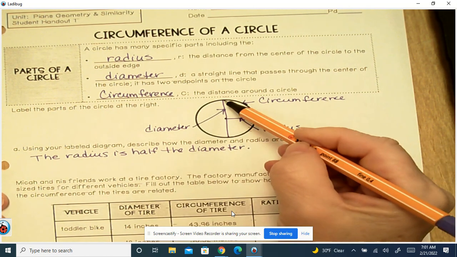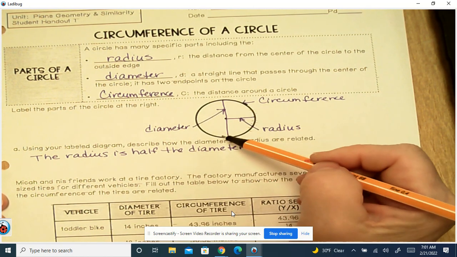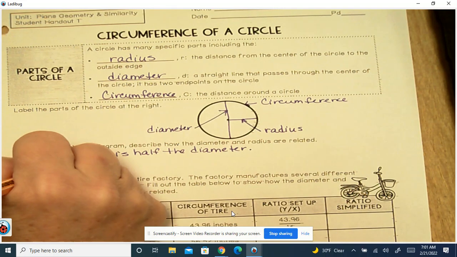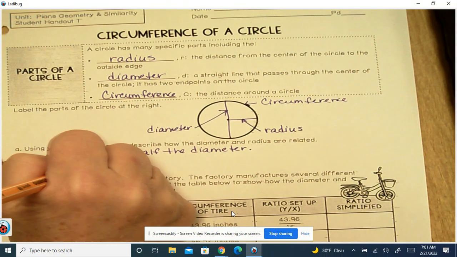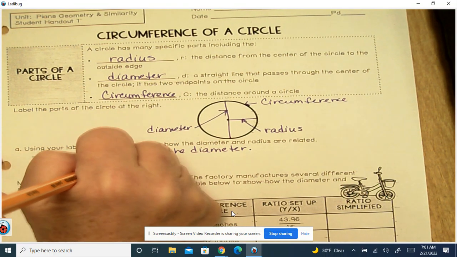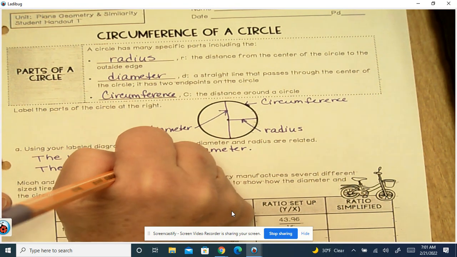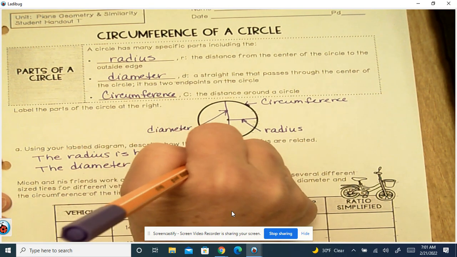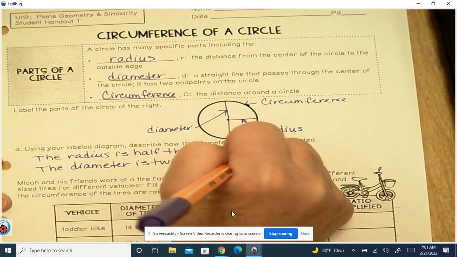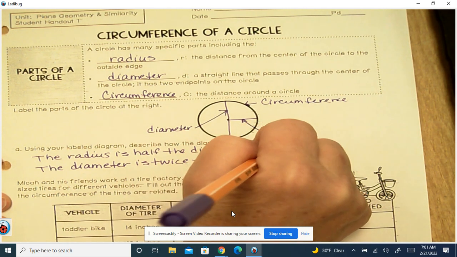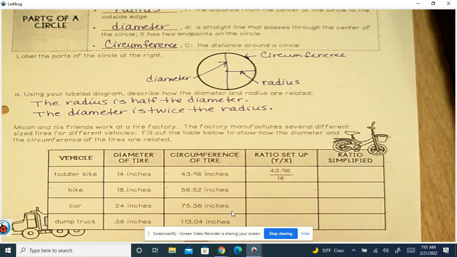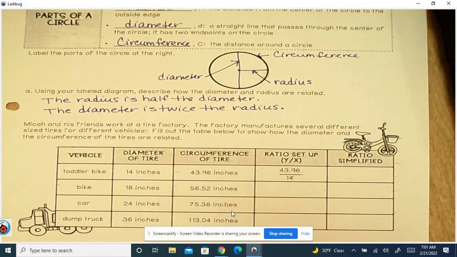And if we look at it this way, the diameter is twice the radius. So let's look at that a little bit closer.